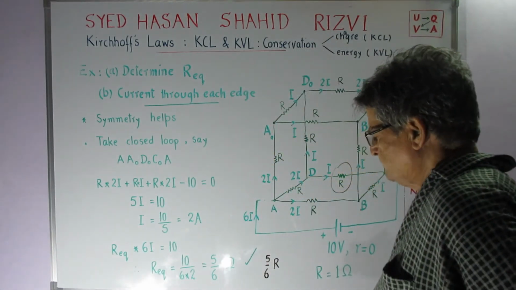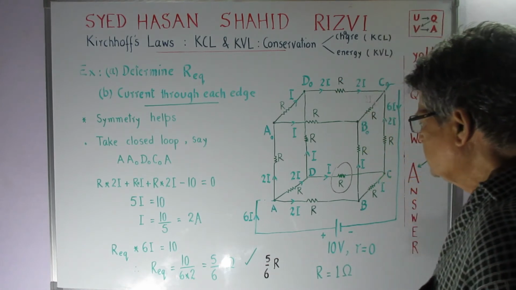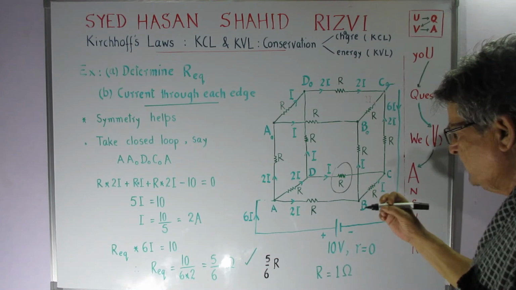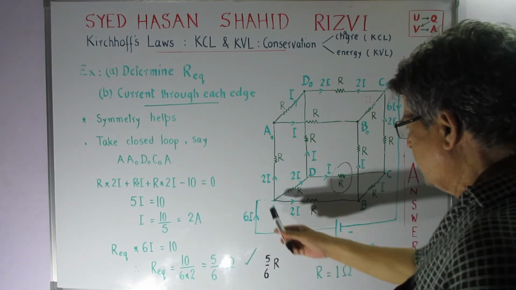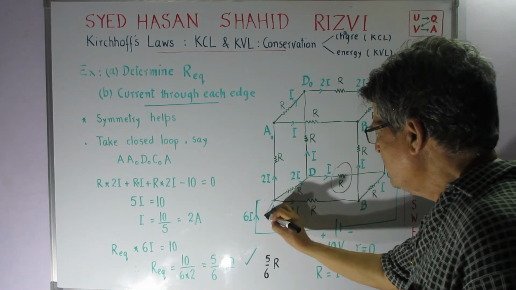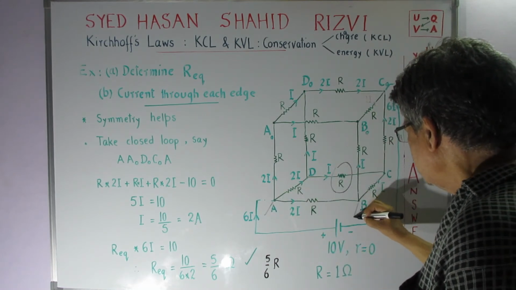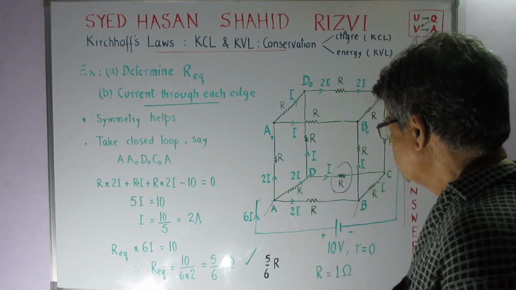But friends, be careful. Be careful in the sense that the symmetry which we are being very happy about changes if we take this point A and this point B, which is also sometimes a favorite for teachers.